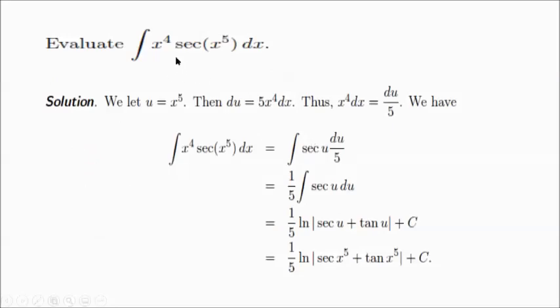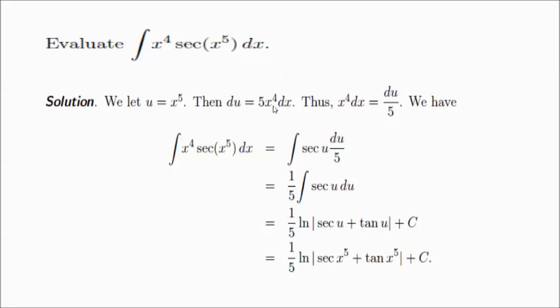Another. Integral ng x raised to 4 secant x raised to 5 dx. So yung u natin dito class is yung x raised to 5. Since kapag dinerive yung u, that is 5x raised to 4 dx. Okay?